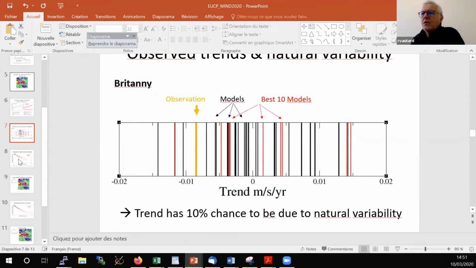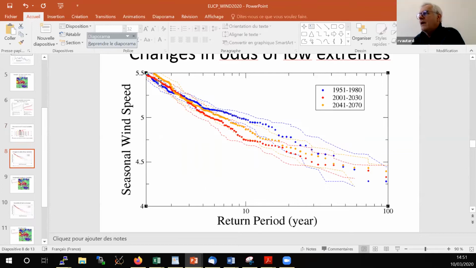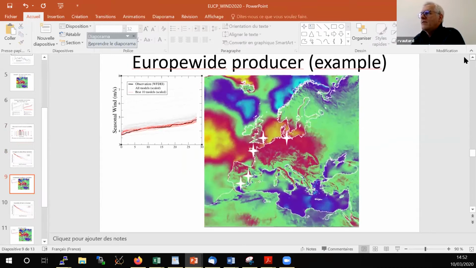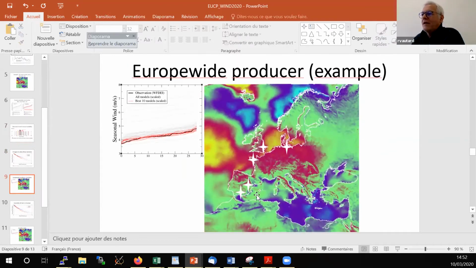We could also look, but I'm going to move quickly, to the risk curves, which are marginally decreasing in the future. So there is no specific risk for this case. But now if we move to other cases, we could think, for instance, of a company that would own wind farms. It's not a real company, it's just a mock-up.